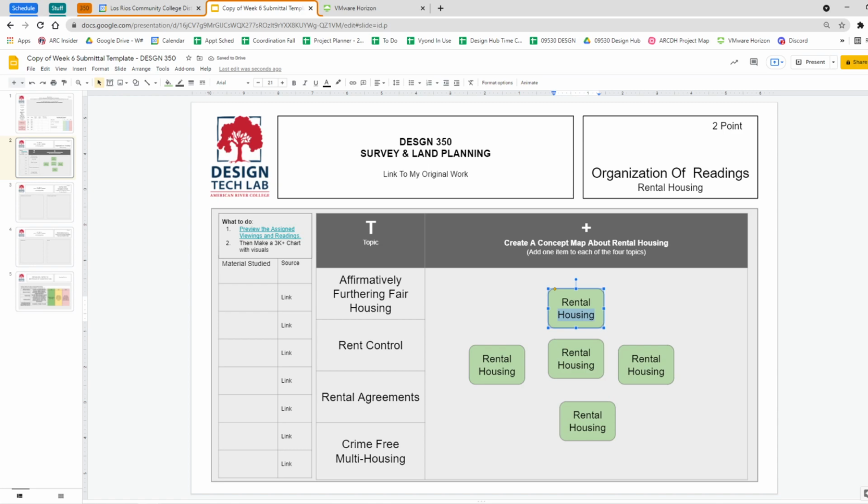So, pretty straightforward. AFFH. Rent control. Rental agreements.